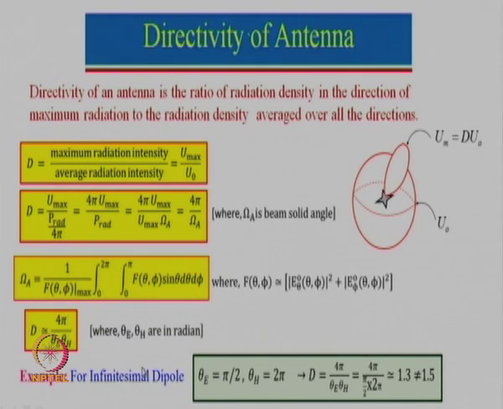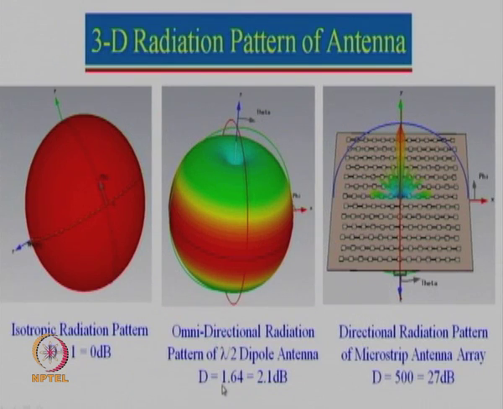For example, I have just taken the example of an infinitesimal dipole. For the infinitesimal dipole, the half power beam width is given by pi by 2. Where does this pi by 2 come from? For the infinitesimal dipole, the maximum variation is coming down to 0 here, so from 1, let us say, it is coming to 0.